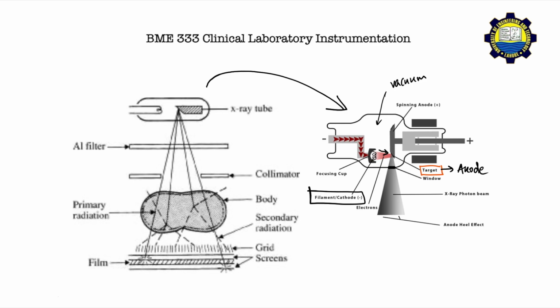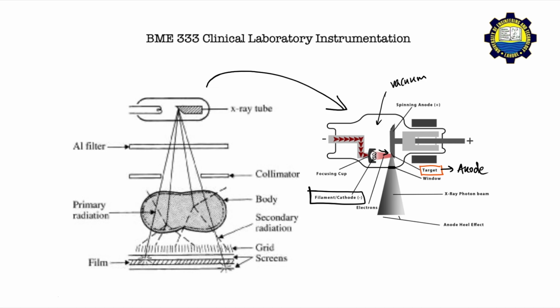The anode is obviously a positively charged metal, but the filament is usually, I think, tungsten, but the anode would be silver.